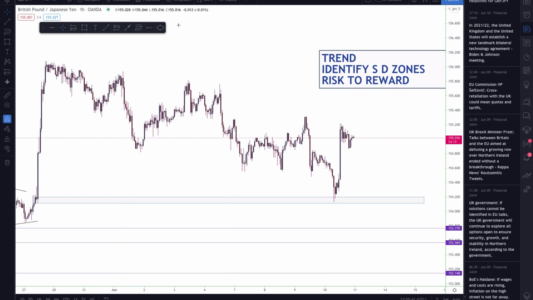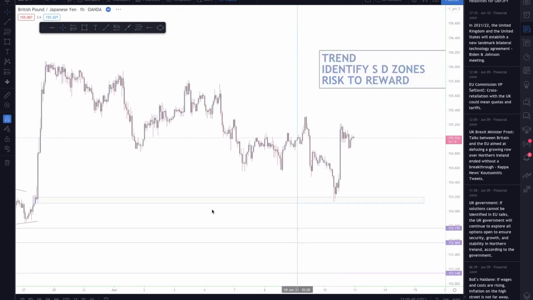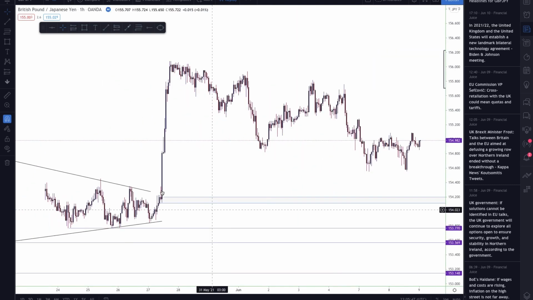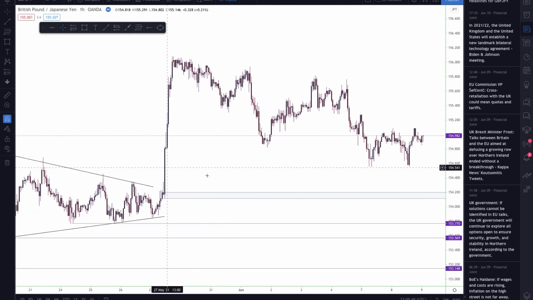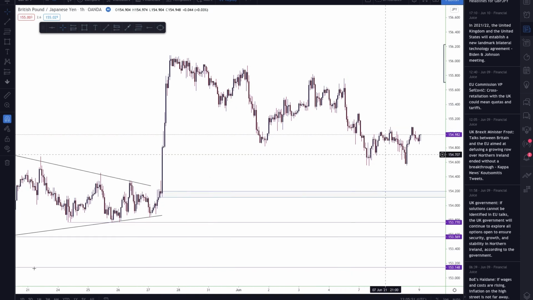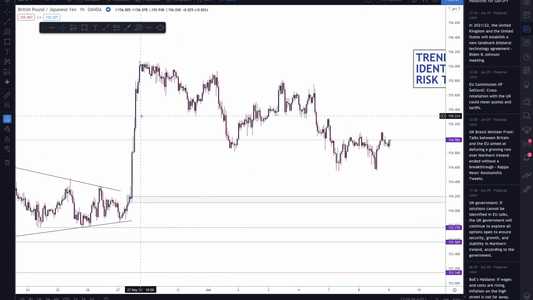Let me do a replay of this video so we can watch how I did it. So this was an obvious uptrend, as we said earlier. There was a huge move here from the bank, creating a level of what?